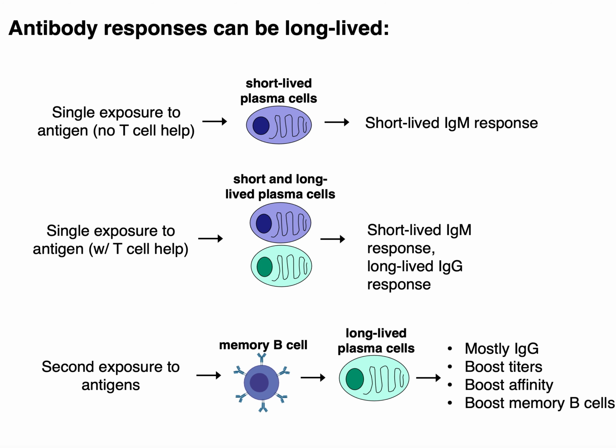And a second exposure to antigens can lead to a massive boosting of this antibody response, the generation of more long-lived plasma cells from memory B cells that are mostly IgG producers with high titers of antibodies with high affinity. And these second exposures also boost the number of memory B cells that are available for even further exposures to that antigen. This is the rationale behind vaccination strategies that rely on multiple boosts.